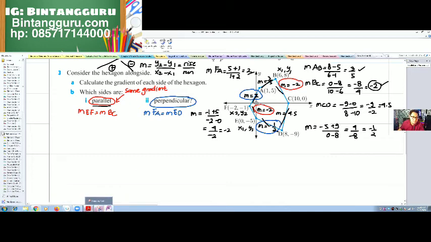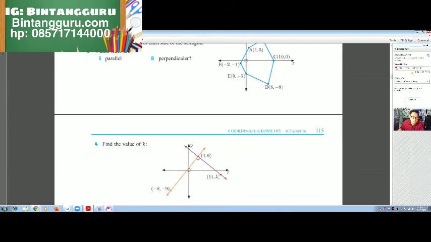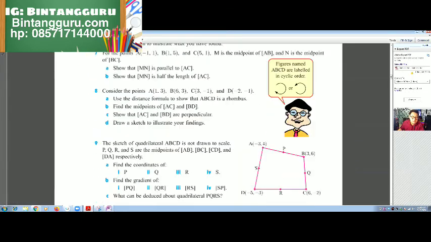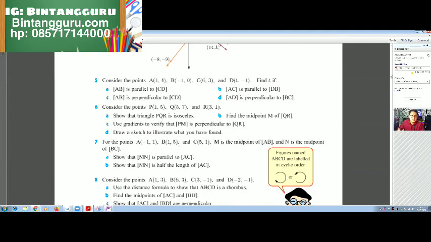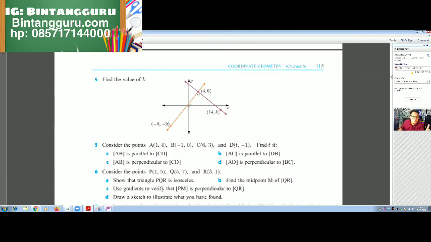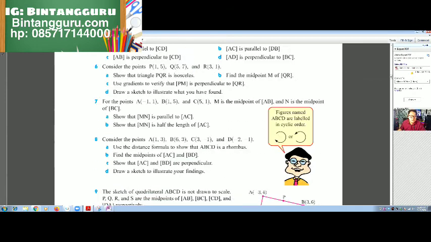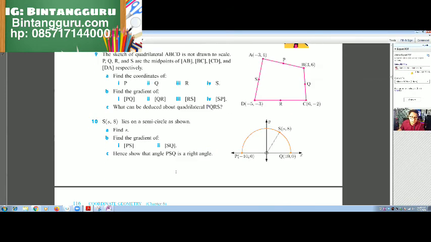Let's try to use the book. Let's see which question that. So this is 1, 2, 3, 4. 1, 2, 3 already. This is 5, 6, 7, 10.